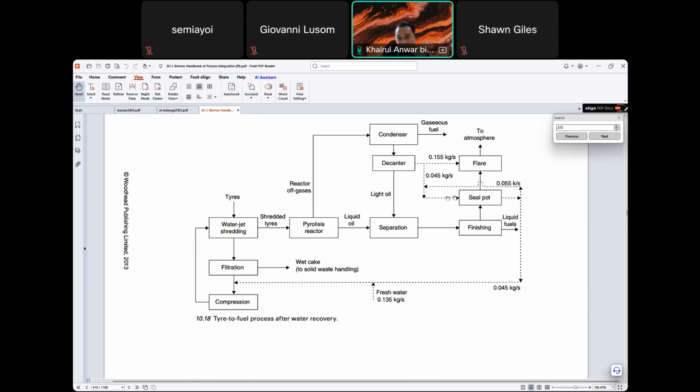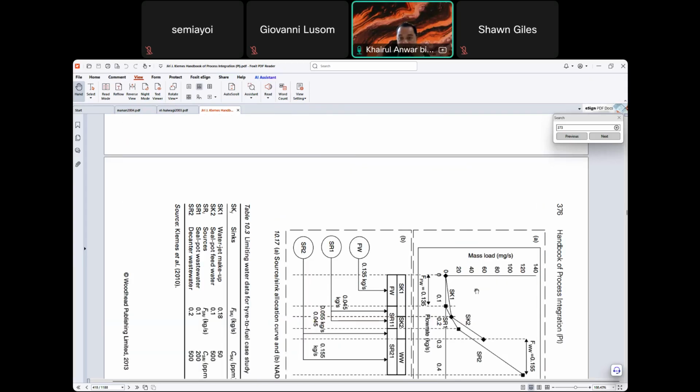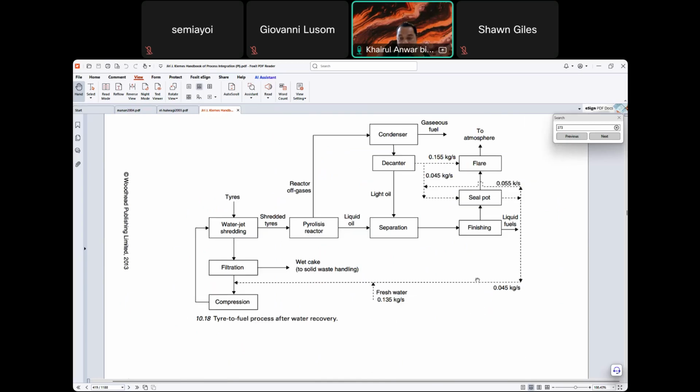Some of the water goes to the seal pot. From the seal pot, divide to 2, 0.05 goes to the seal pot again, mix with the water from the decanter, some of it going to the clay.